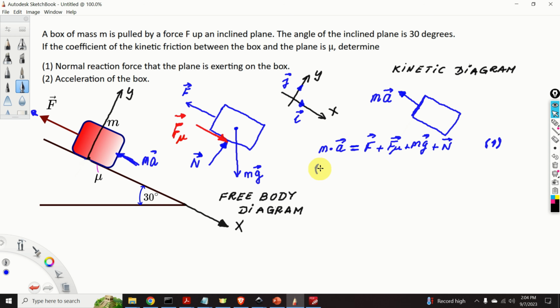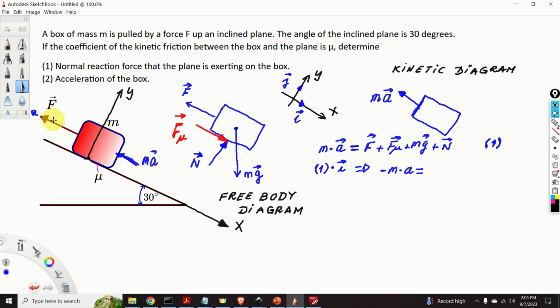If we scalarly multiply equation 1 by the unit vector i, we obtain the following equation. What is the projection of m times a on the x-axis? We can see that the vector a goes in the opposite direction of the positive direction of the x-axis, and consequently we obtain minus m times a is equal to, let's see what is happening on the right hand side.